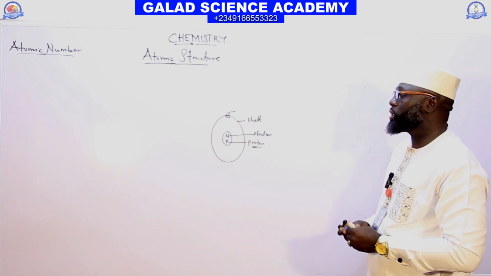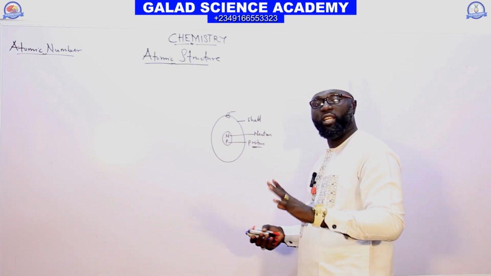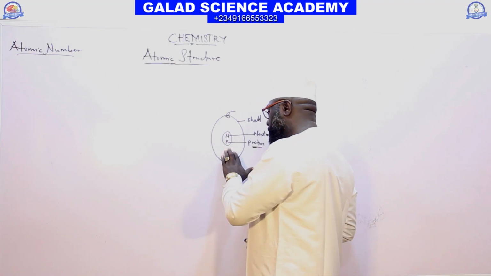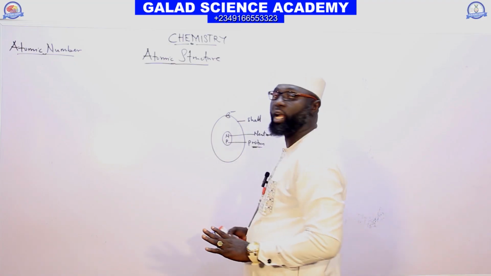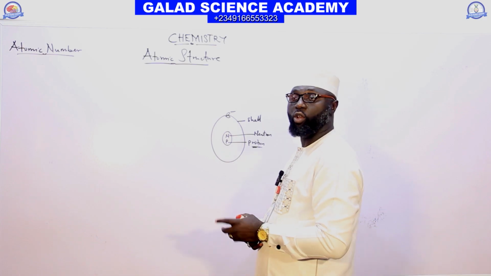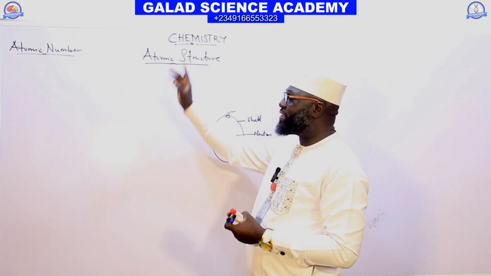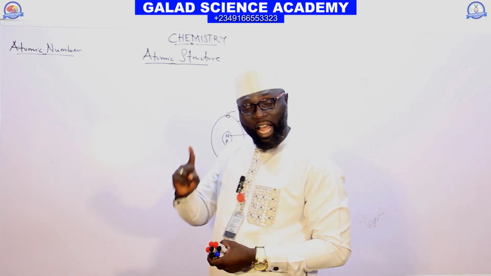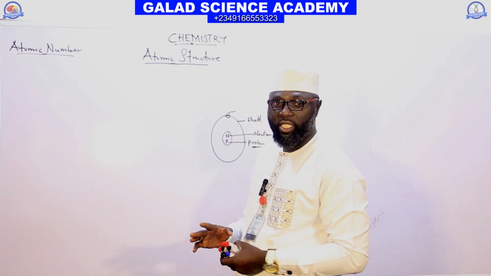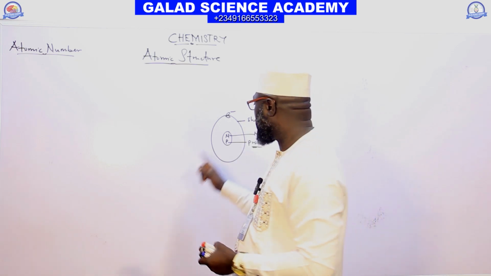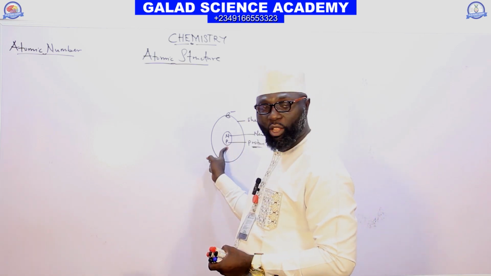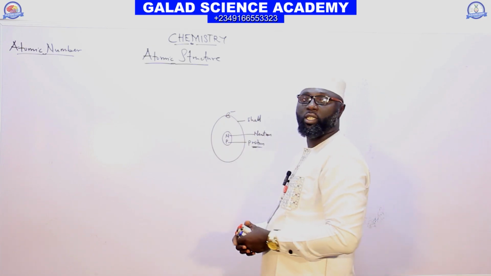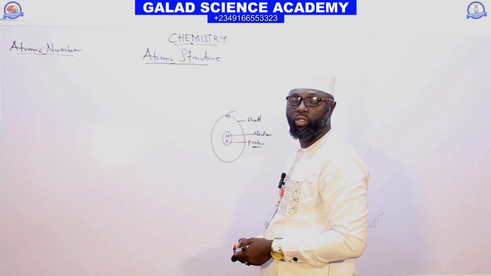So, I said the atomic number of an atom, of an element, is the number of protons in the nucleus of the atom. And for every neutral atom, that is an atom without charge, the number of protons in that atom must equal the number of electrons.